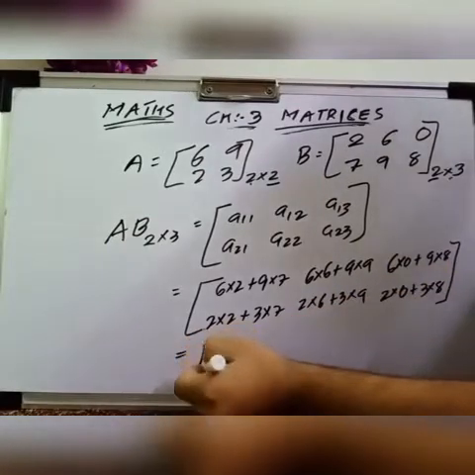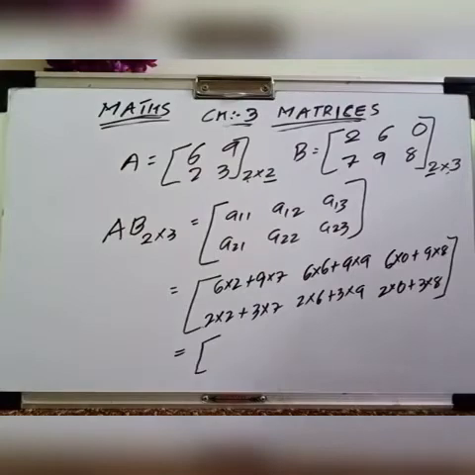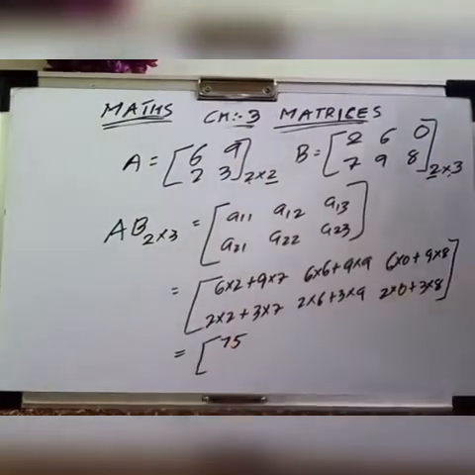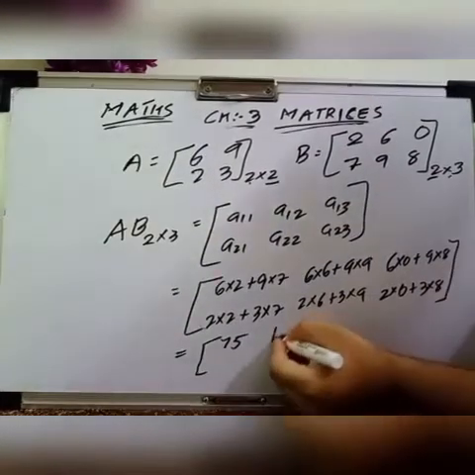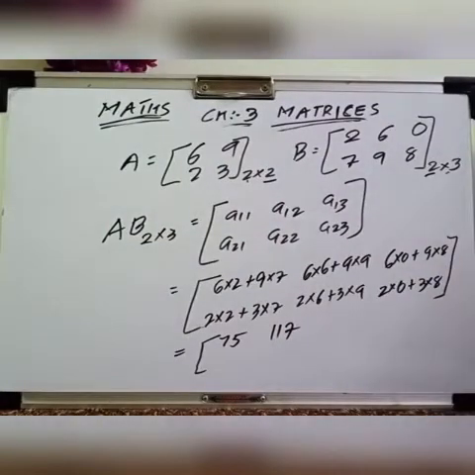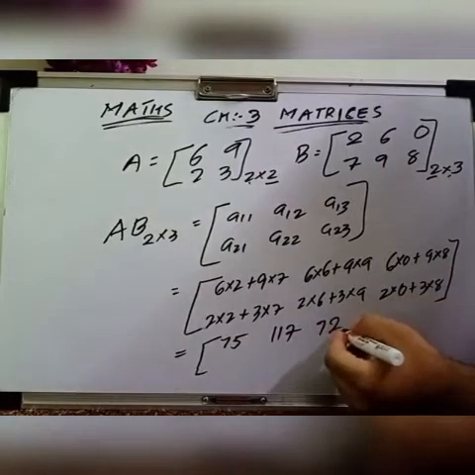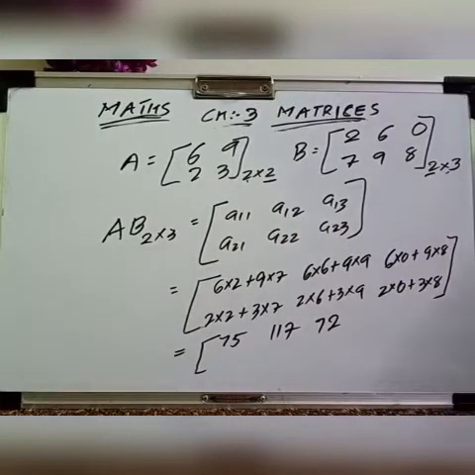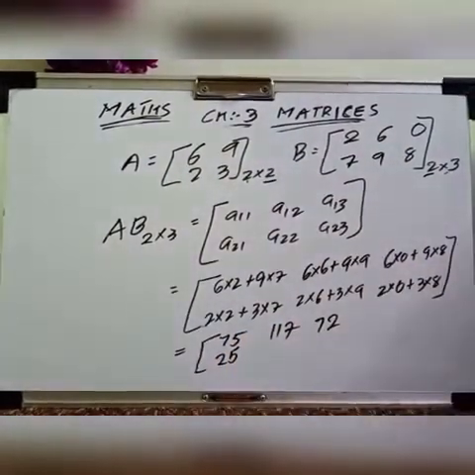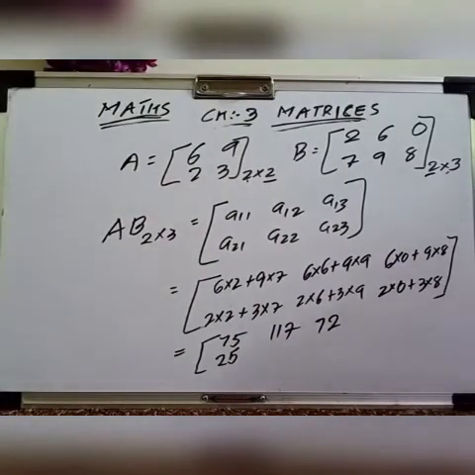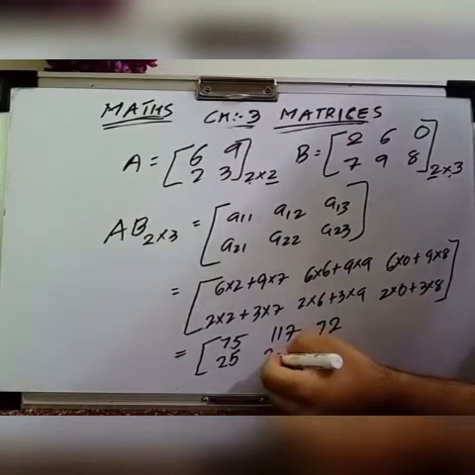So this is 6 2s are 12 plus 9 7s are 63. Therefore, the total is 75. 6 6s are 36 plus 9 9s are 81, that is, the total is 117. 6 zeros are 0 plus 9 8s are 72, so total is 72. 2 2s are 4 plus 3 7s are 21, so total is 25. 2 6s are 12 plus 3 9s are 27, so total is 39.